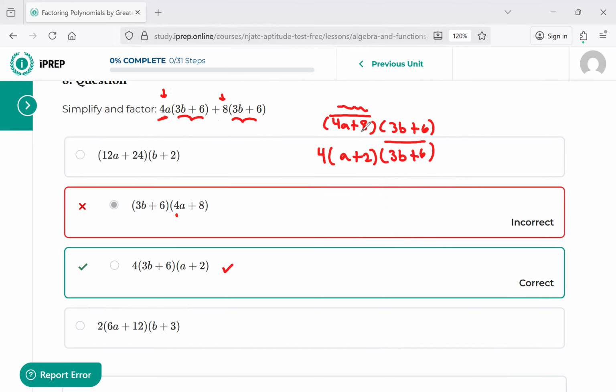Between the 4a and the 8, you could take out a 4. So that's going to be 4 parentheses a plus 2. And then you're still left with this 3b plus 6. I guess they didn't factor out a 3 here because if they did, you would have some kind of 12, and I don't see a 12. So that is why it's this one. Tricky.